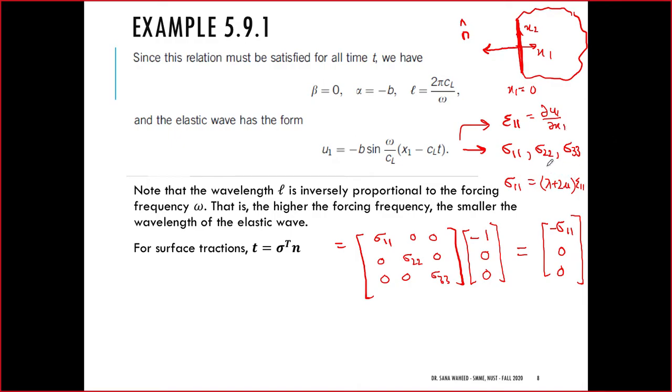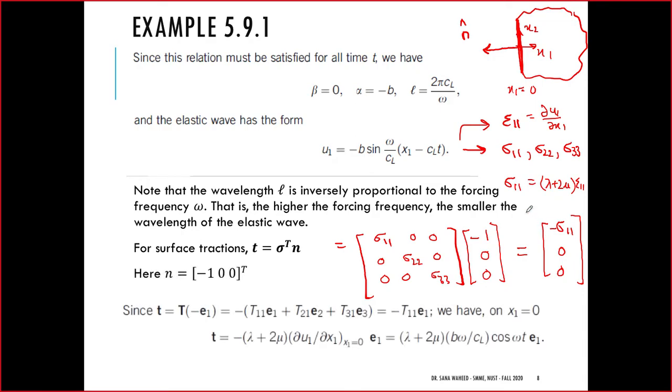So I know what sigma 1, 1 is, and then the traction vector is just the minus of that acting there. So that we simplified, we found. Right? So let's just write that out.